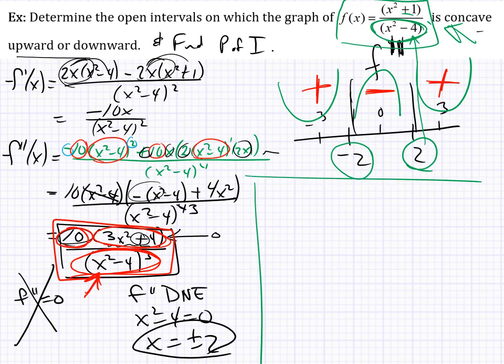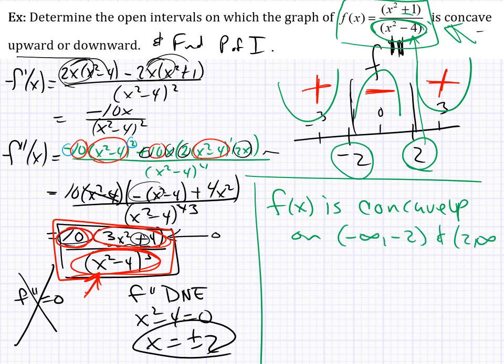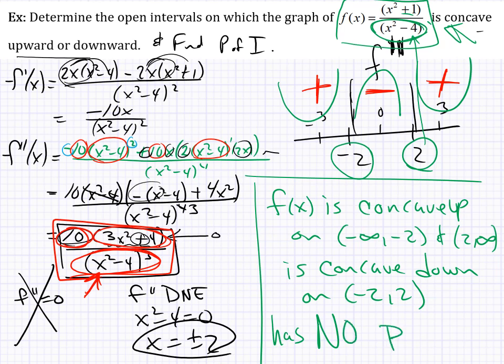So as far as concavity goes, we could say that f of x is concave up on the interval from -infinity to -2 and 2 to infinity, and is concave down on the interval from -2 to 2 and has no points of inflection.